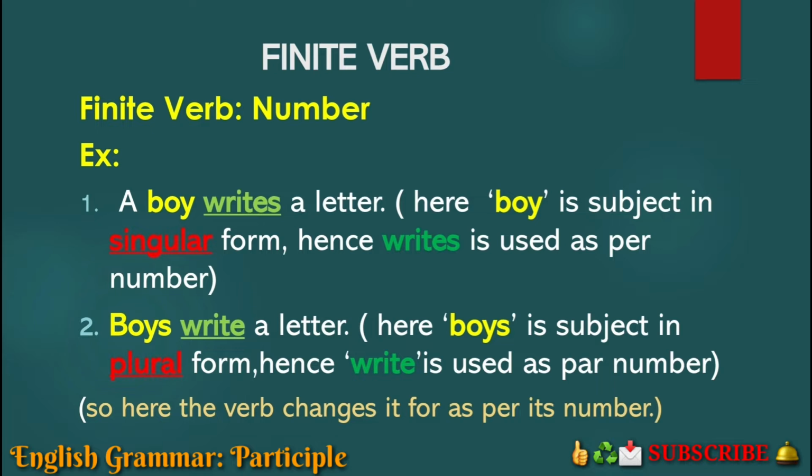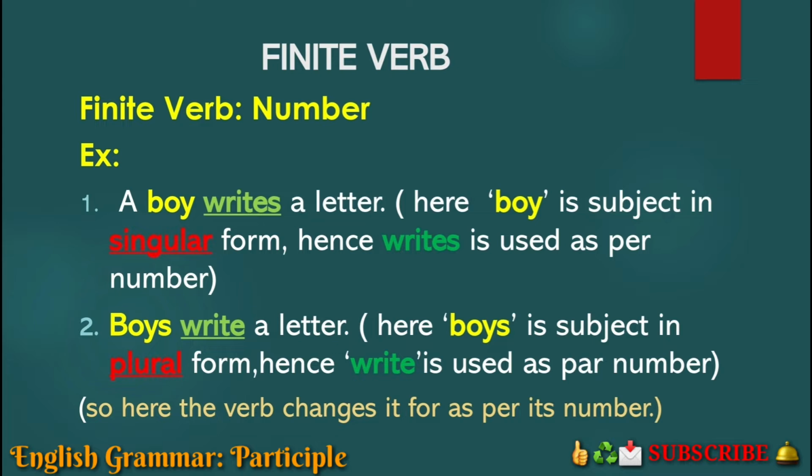Now, the next example: Boys write a letter. See students, in this sentence, boys is the subject. Boys is in plural form. And according to the plural form, the present form of verb, write, without s or es is used. So here again we have seen the verb changes according to the number. So, it is finite verb.